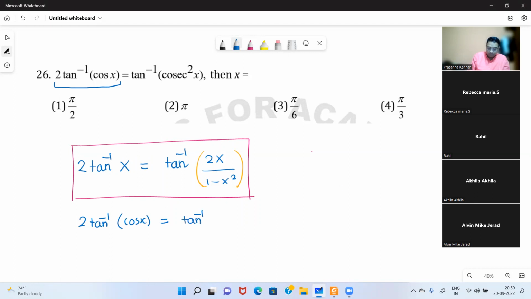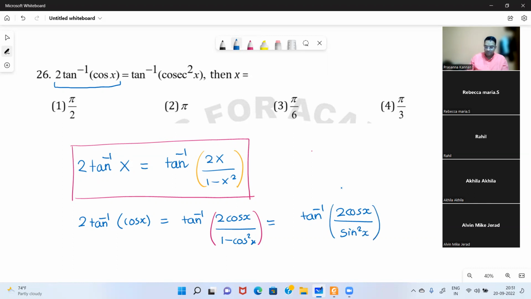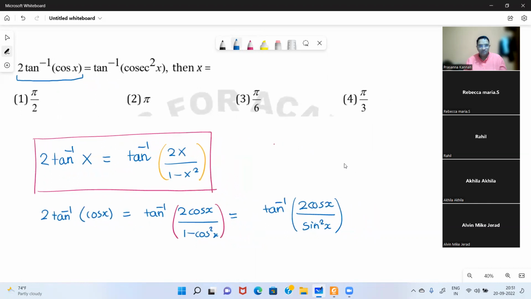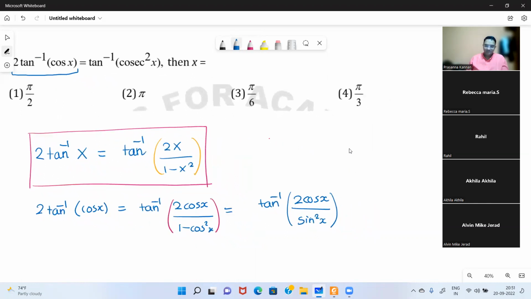Tan inverse of 2 cos x by 1 minus cos square x. Very good. So this will be equal to tan inverse of 2 cos x divided by, what is 1 minus cos square x? Sine square x, correct?